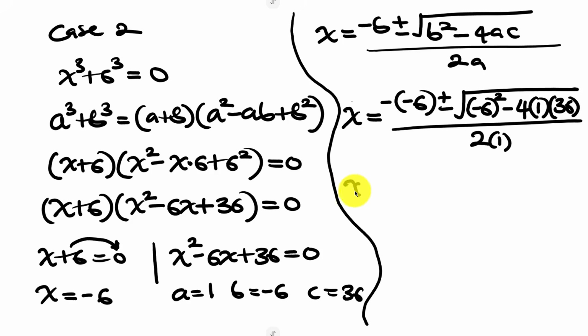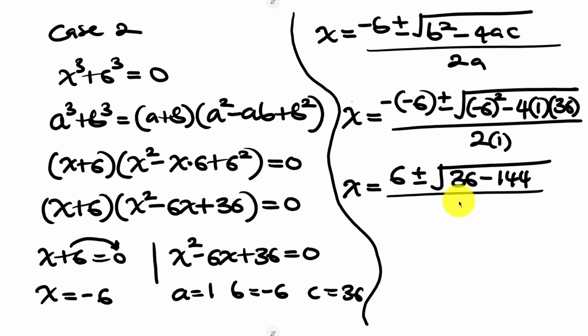So this reduces to x equal to negative times negative 6, which is positive 6, plus or minus the square root of negative 6 squared, which is 36, minus 4 times 1 times 36, which is 144. Good. All over 2 times 1, which is 2. So x now becomes 6 plus or minus the square root of 36 minus 144, which is negative 108, all over 2.